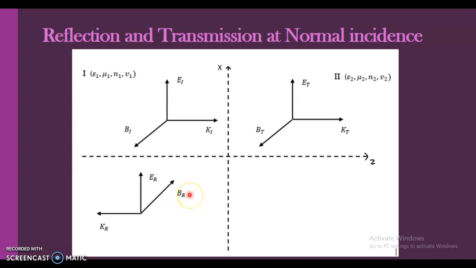Now, when the light is propagating from medium 1 and reaches medium 2 of epsilon 2, mu 2, n2, v2, the corresponding transmitted wave can be represented using this graph, and kt represents the propagation vector along the positive z direction, the electric field is in the positive x direction, and the corresponding magnetic field is along the positive y direction.